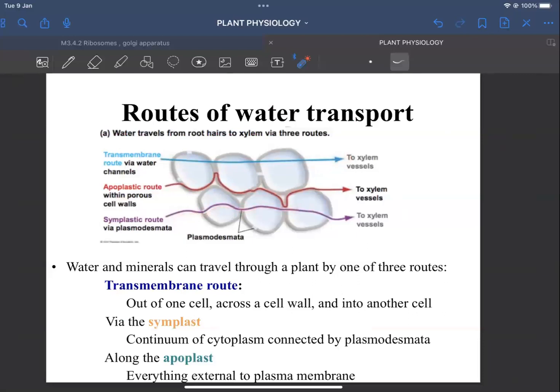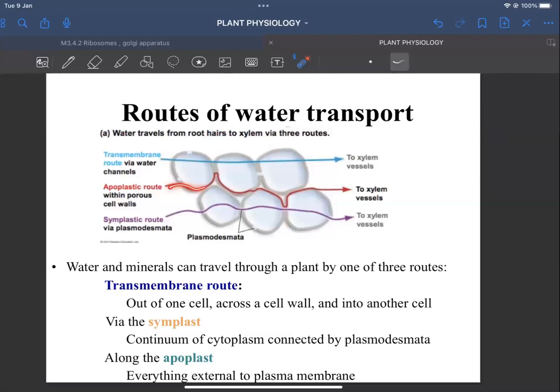Water and minerals can travel through a plant by three routes. The transmembrane route goes out of one cell, across the cell wall directly, and enters another cell. Via the symplast, there is the continuity of the cytoplasm connected by the plasmodesmata over here. And we have the apoplast, which is everything external to the plasma membrane.